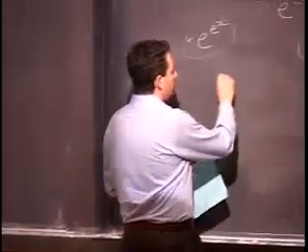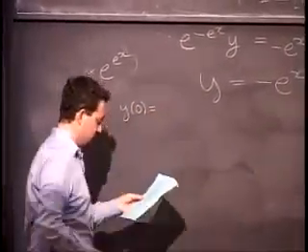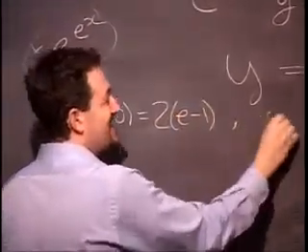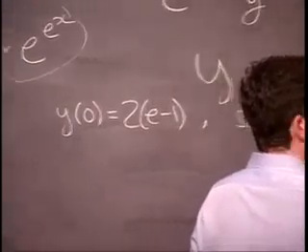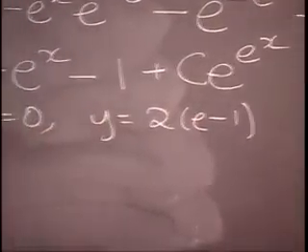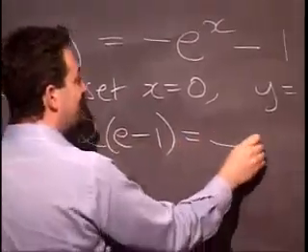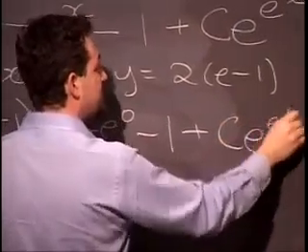All right. Well, we also know that y of 0 is equal to, what was it? I wrote it up here, 2e minus 1. So this means set x equals 0 and set y equal 2e minus 1 in the above equation, and we will get 2e minus 1, that's y, equals minus e to the 0 minus 1 plus c e to the 0.